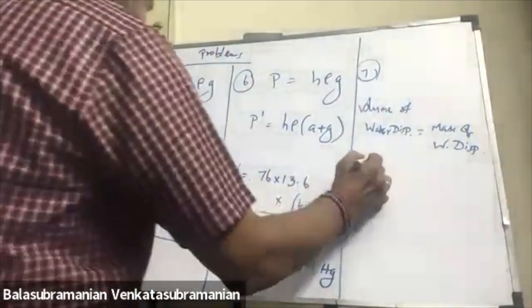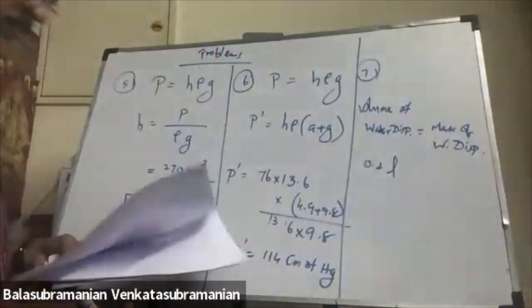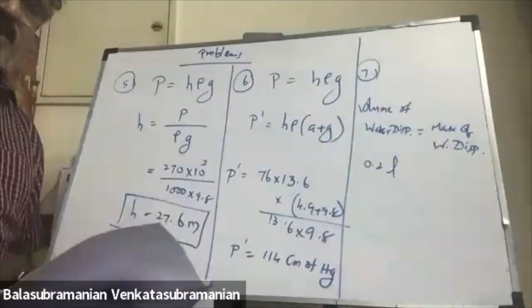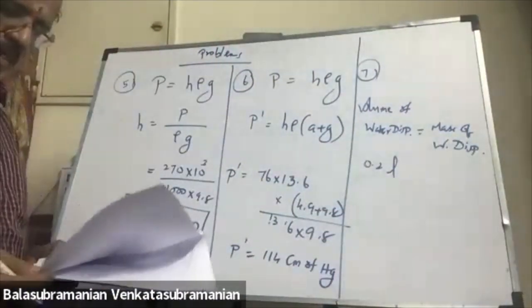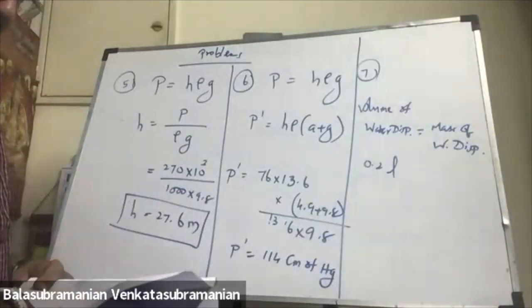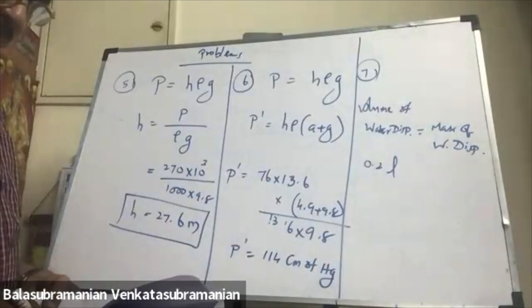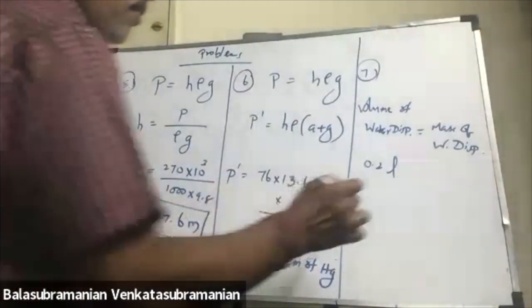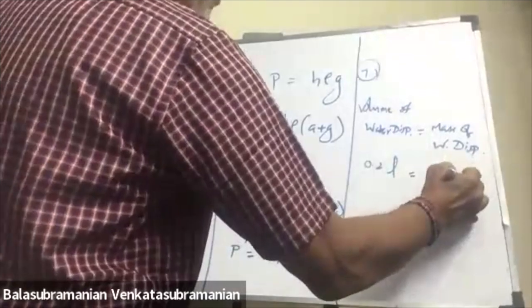So here 200 milliliter, that is 0.2 liters, nearly 0.2 kilogram.